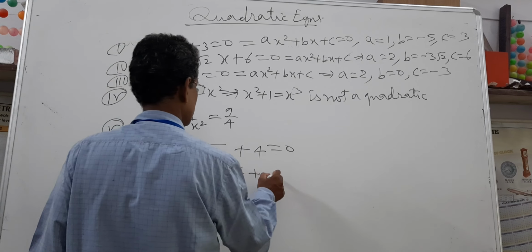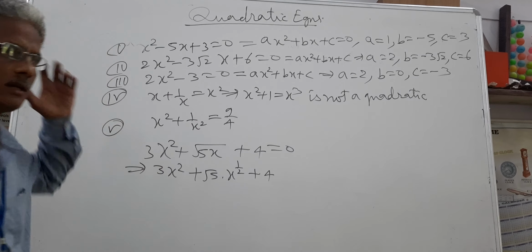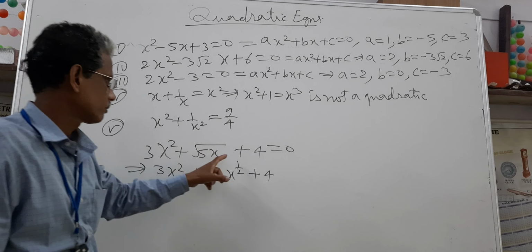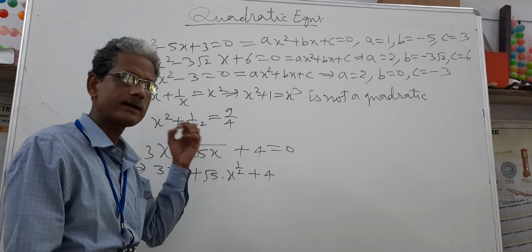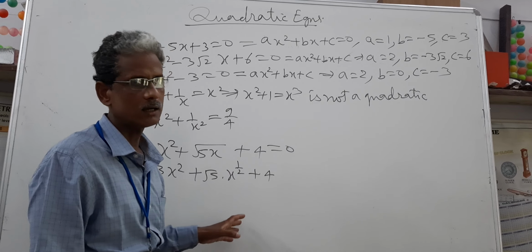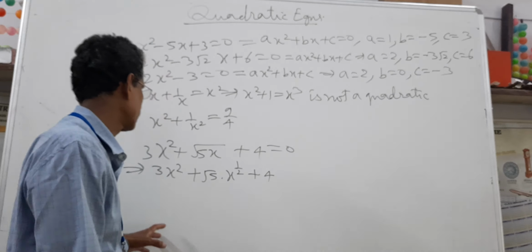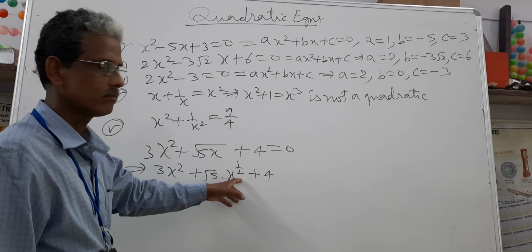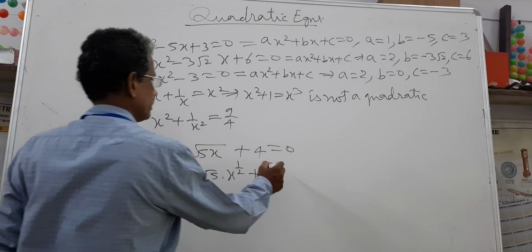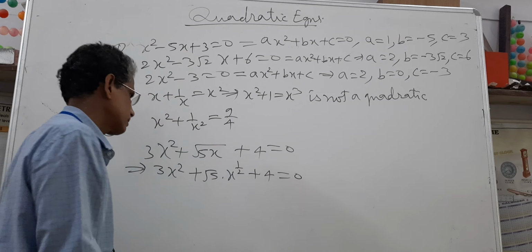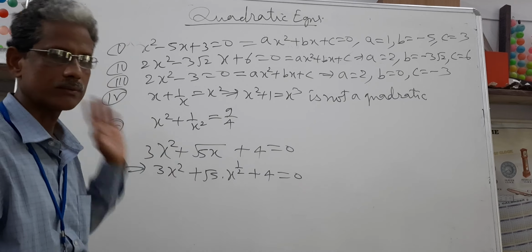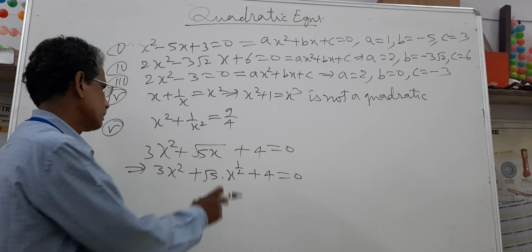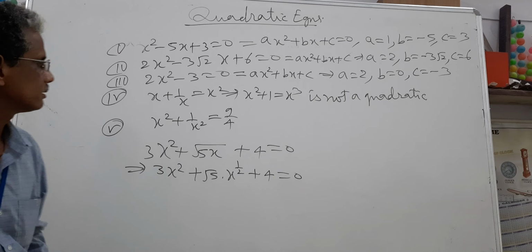In any polynomial or equation, a fractional power or negative power cannot be taken. If you remove this half power by squaring the whole equation, you will get power 4. That is not quadratic. Therefore, it is not a quadratic equation.